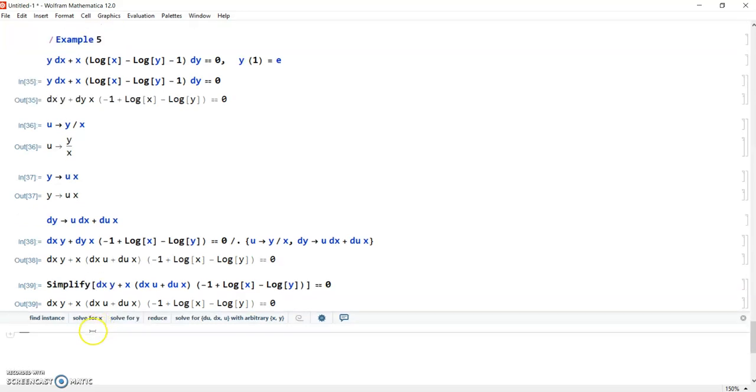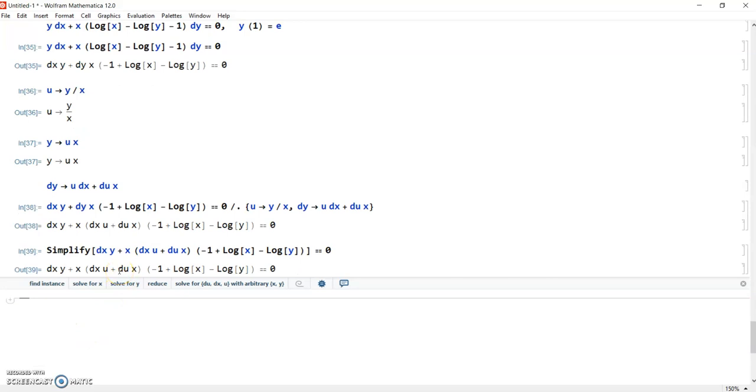For this, what I can do is some of the terms are with du, some of the terms are with dx. So I can take these terms of dx on the left hand side, and this term also includes dx. So this term is dx, and then dx is also being multiplied by this.